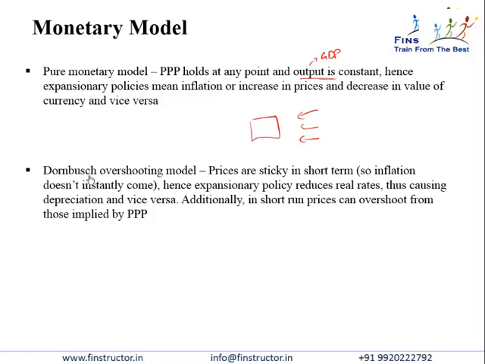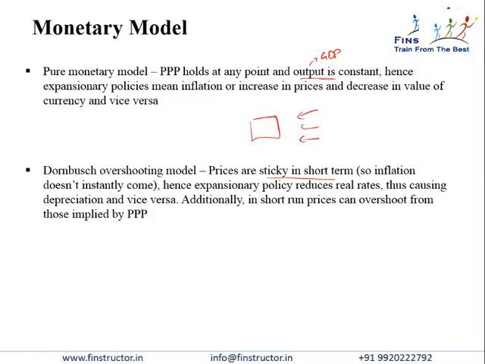The Dornbusch overshooting model agrees with the basic theory of the pure monetary model. However, it further argues that prices are sticky in the short term. So inflation will come, but it won't come instantly. So if today the government cuts interest rates, inflation will not come tomorrow.